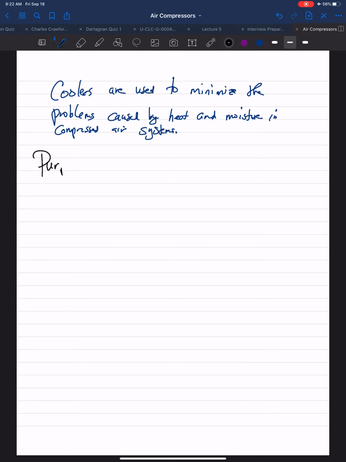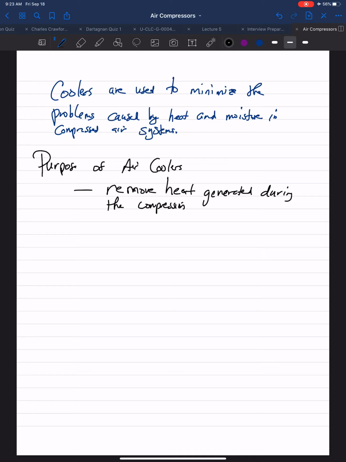So the purpose of air coolers is to remove the heat generated during the compression of the air.